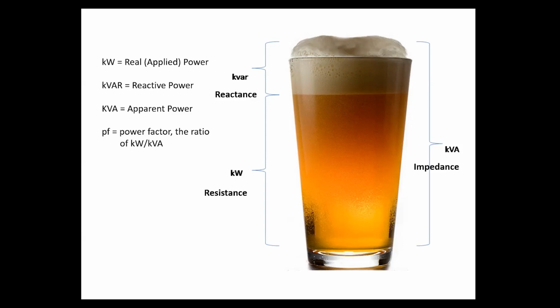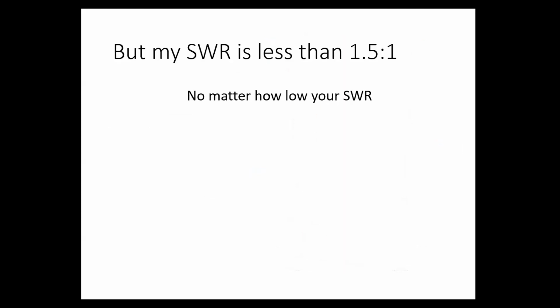Now, it could be a loss still, so you may have resistance out there that's just creating heat. We also, analogous to reactive power, have the portion of impedance called reactance. That's the imaginary part, but it isn't really imaginary. It's real. It's nasty. And then the combination of the resistance and the reactance is impedance.